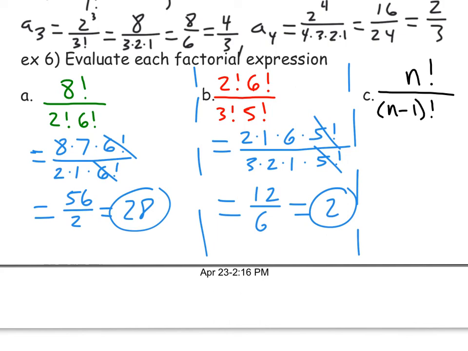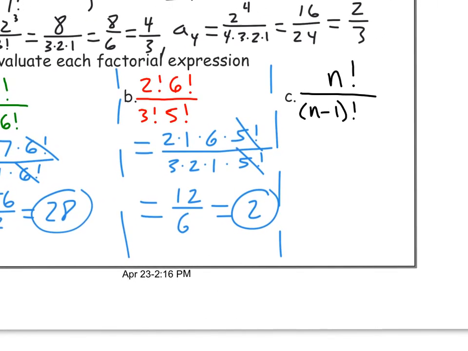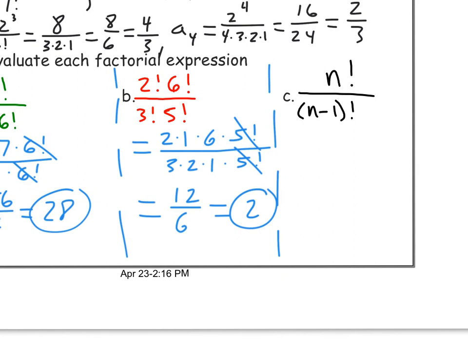Okay? Last one here. The numbers went away and the variables showed up. It's actually a fairly straightforward one, though. Okay, so on the top, I would start with n, but then watch this. The next integer after n would be n minus 1, right?